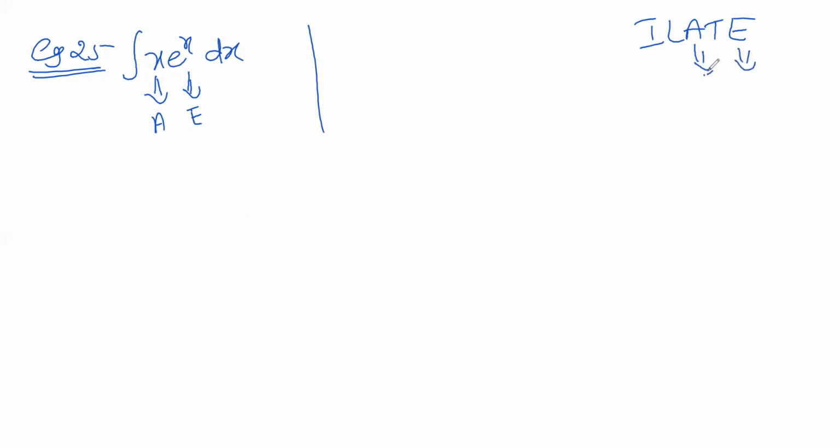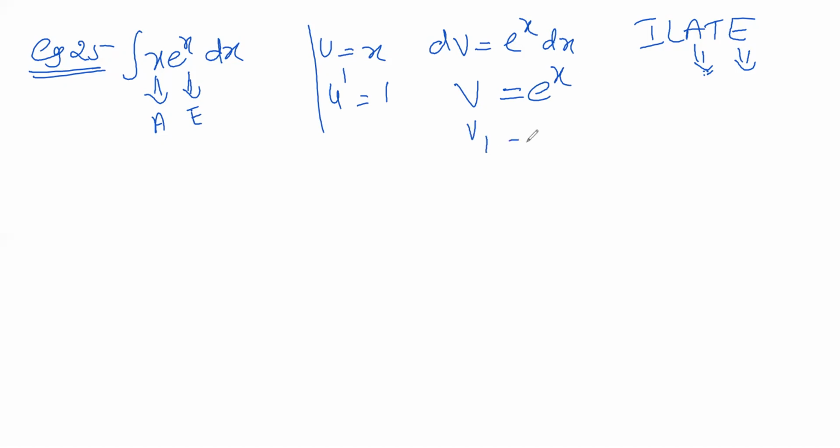Algebraic comes first, so we take u is equal to x. The remaining term is taken as dv, that is dv is equal to e power x dx. Now u dash is equal to 1, and we integrate dv, so we get v is equal to e power x. So v1 is also e power x.